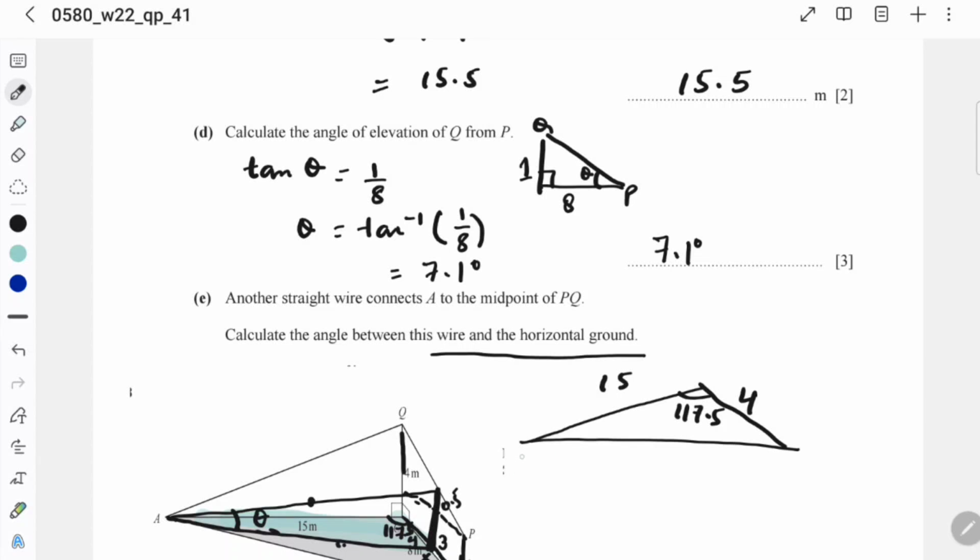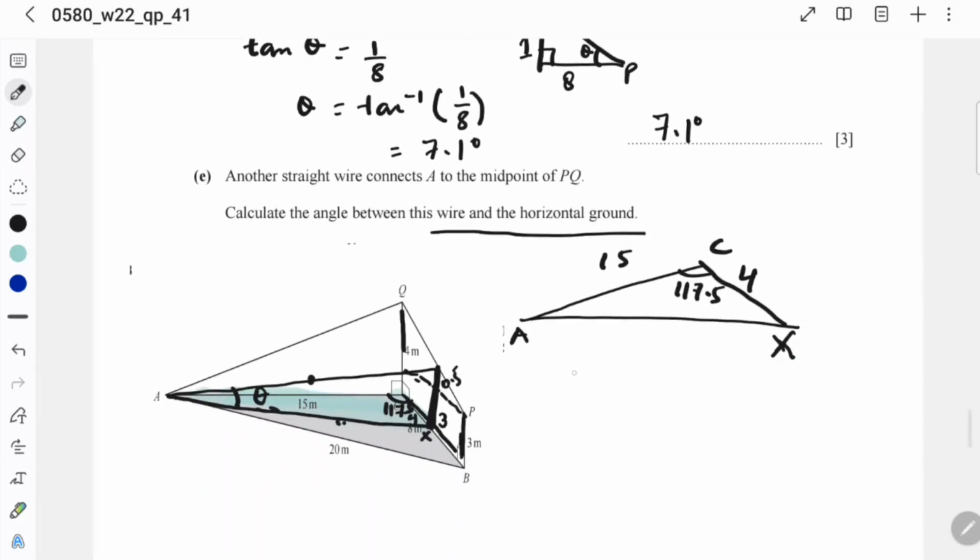Then we are going to find the value of AX, and I can take this one as c. Whenever AX is required, we can use the cosine rule: 15 squared plus 4 squared minus 2 times 15 times 4 times cos of 117.5, and then you take the square root of it.